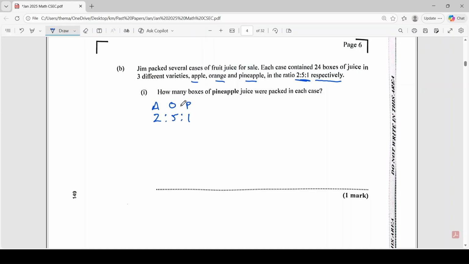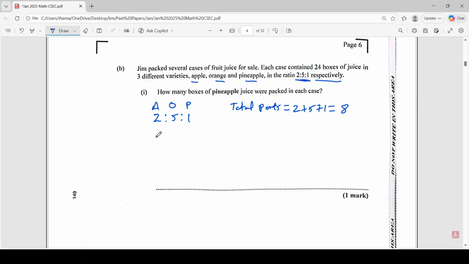And what we need to do now to get the total parts or the total shares is add up 2, 5, and 1. 2 plus 5 plus 1 will give us 8.